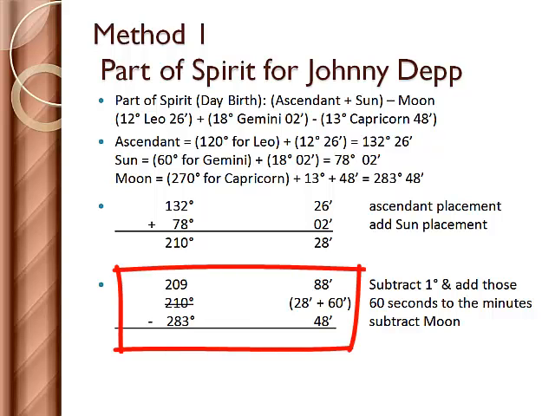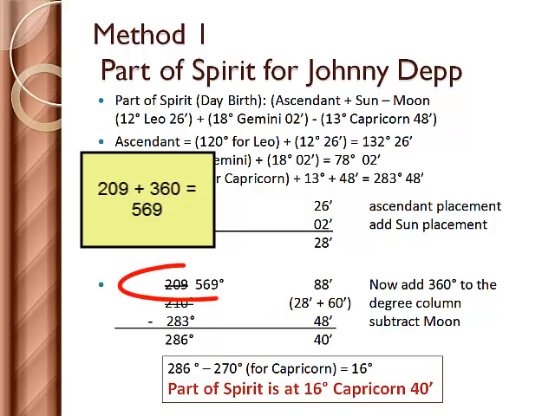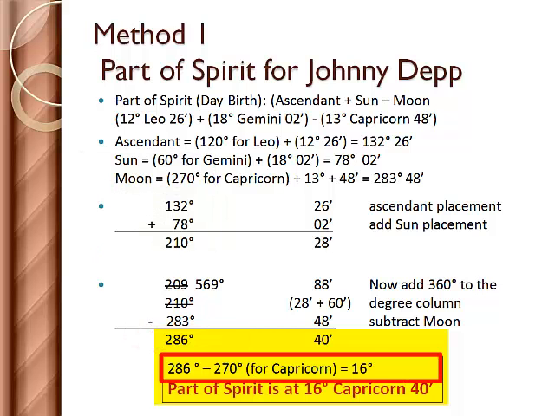Here we are, borrowing 1 degree from the degree column. 210 goes down to 209. Then we add that degree as 60 minutes to the minutes column, so our minutes are 88 minutes. Now we can subtract. Once we do that subtraction, we get 286 degrees. We take away 270 for the start of Capricorn, giving us 16 degrees Capricorn 40 minutes for the part of spirit.